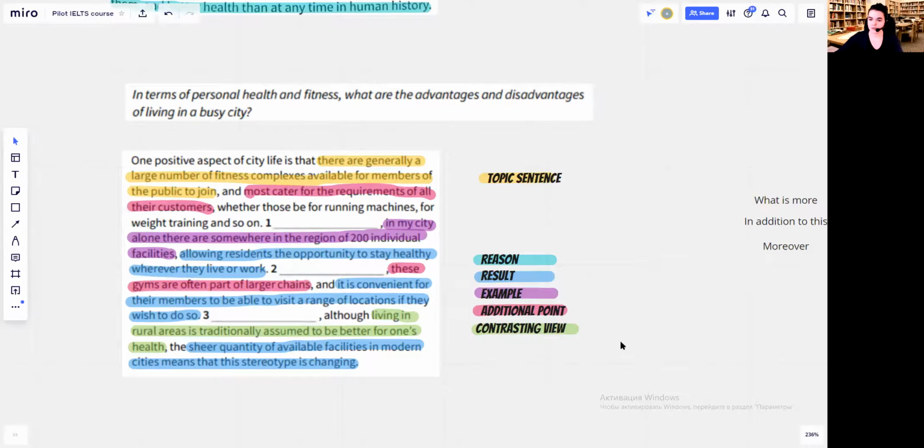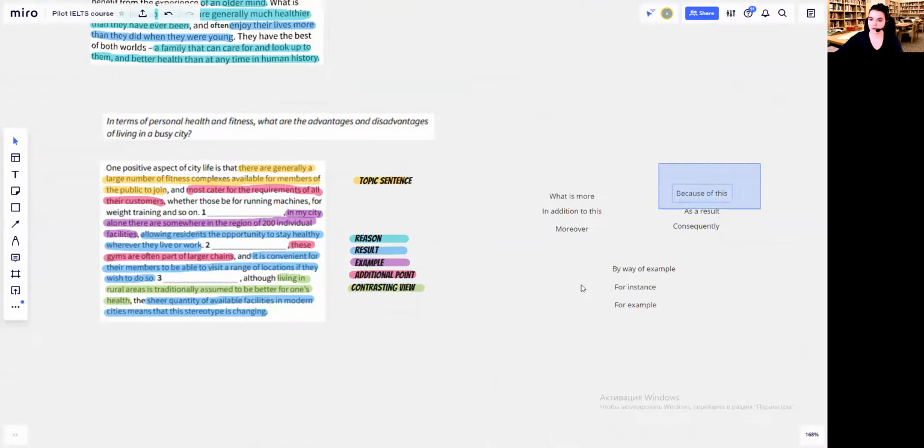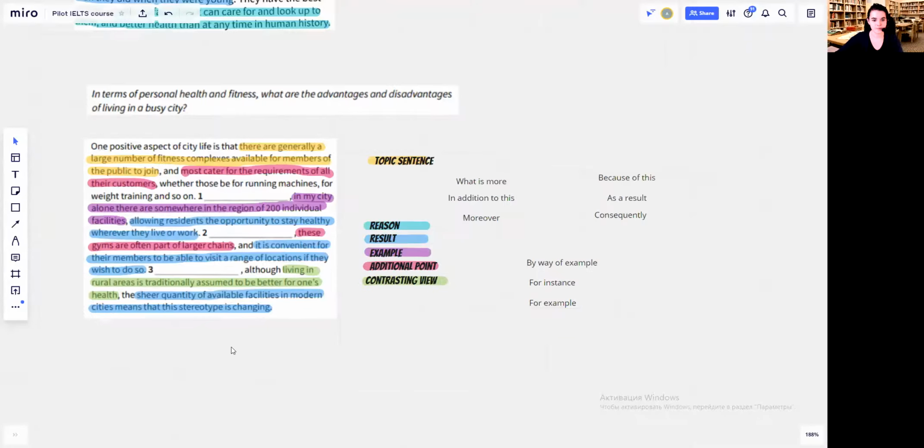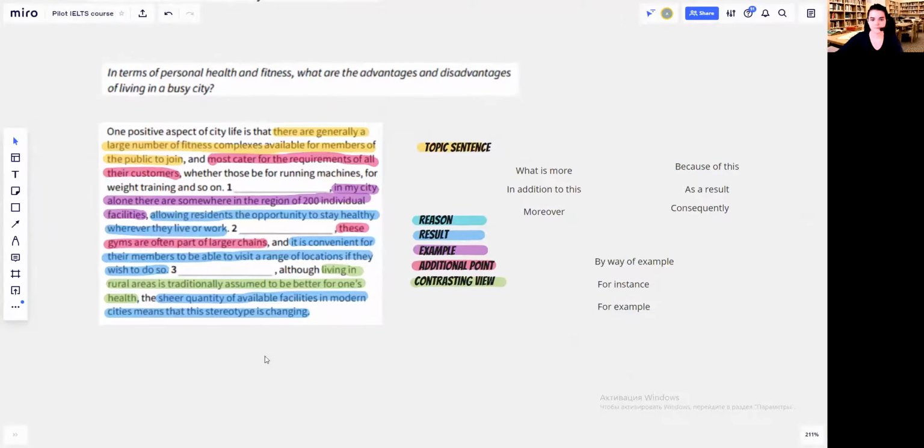So just to complete this, these are the linkers that would fit. Now, in the first one, which we decided was an example, any of these three would fit. Let's go with, for instance. The second one as an additional point, any of these.